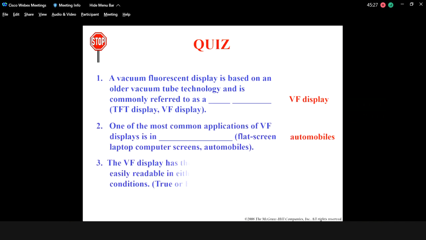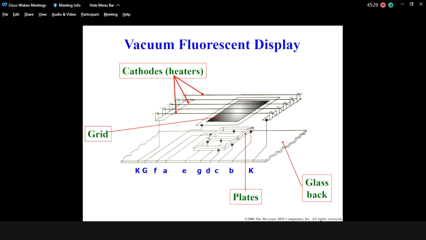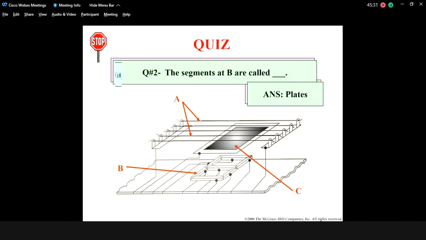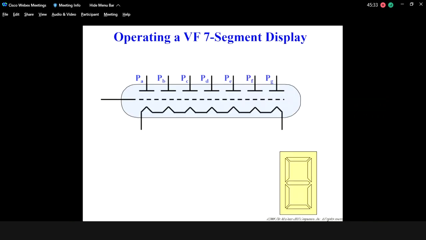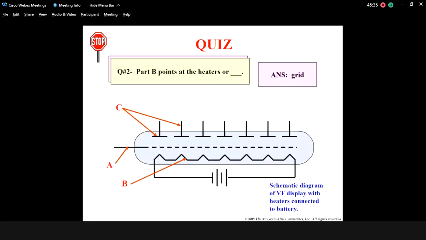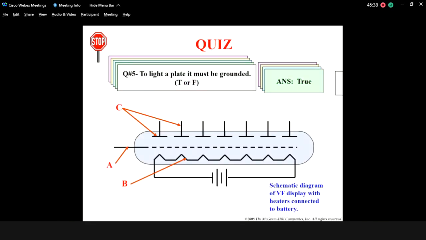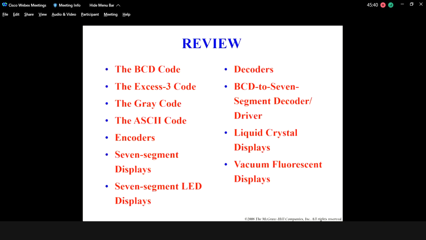Okay, so the most important topic in this chapter is the definition of encode and decode. So encode means that you have one raw data that you understand, and then you want to change to binary or any other code.